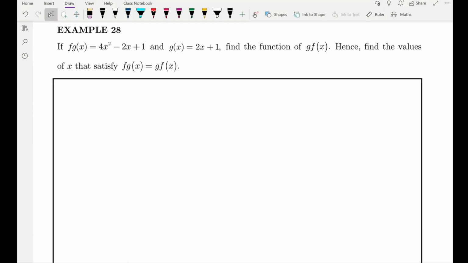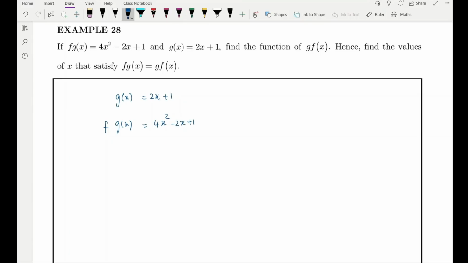So first, we must find the function of f so that we can find g of f. So the given function is g(x) equal to 2x plus 1. And then the other one is f of g equal to 4x squared minus 2x plus 1.